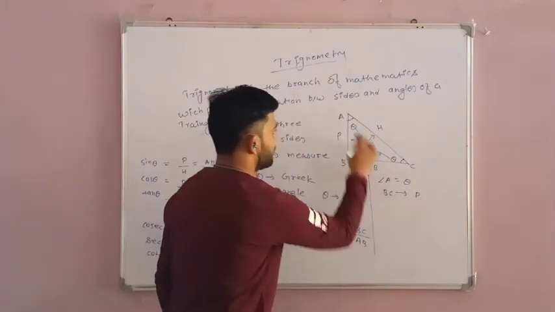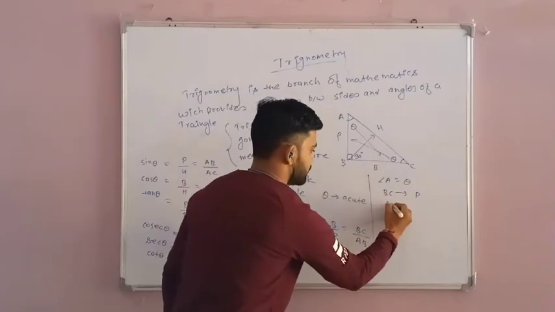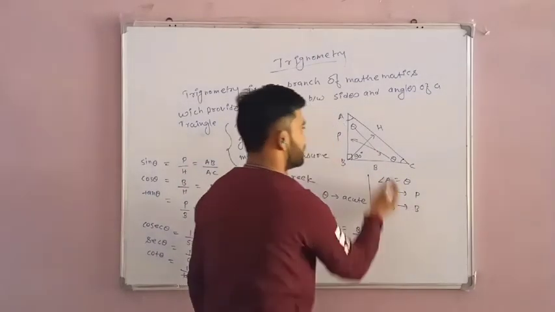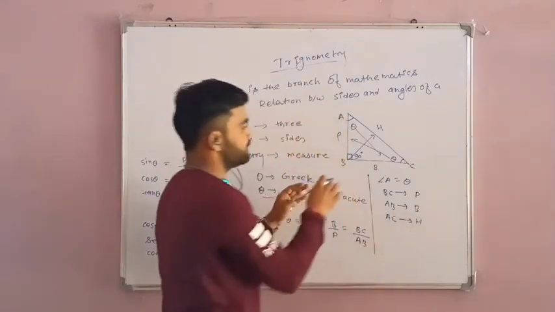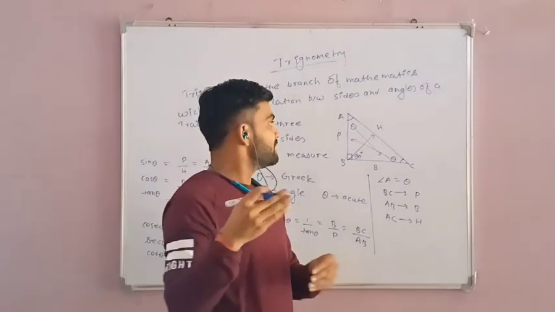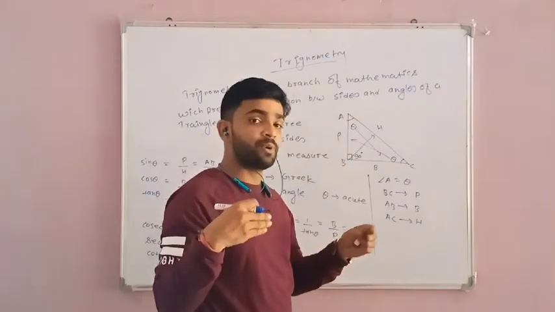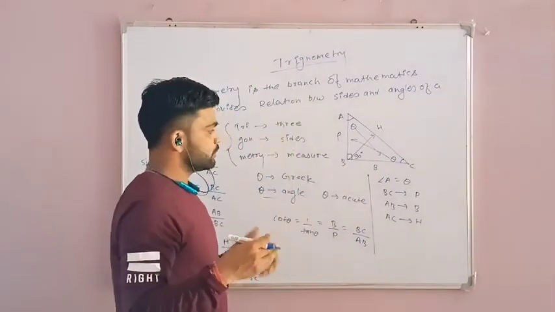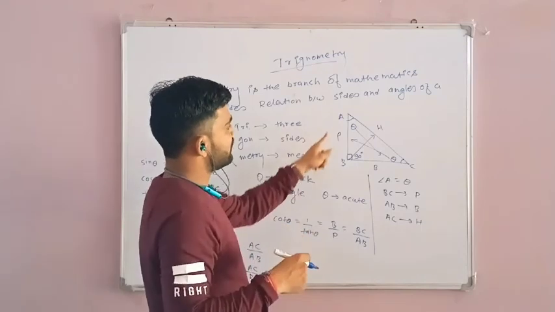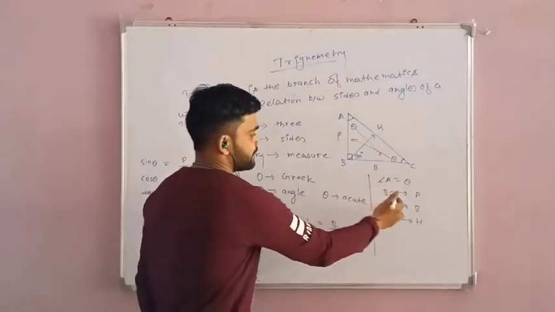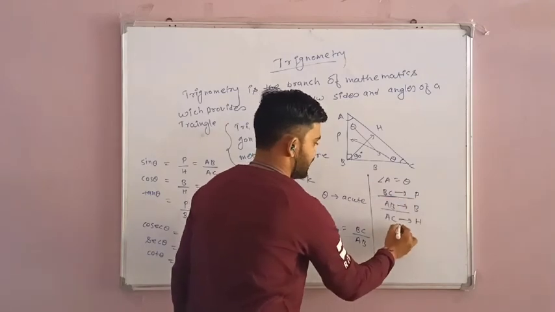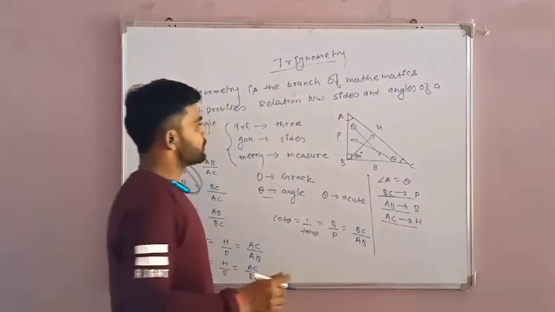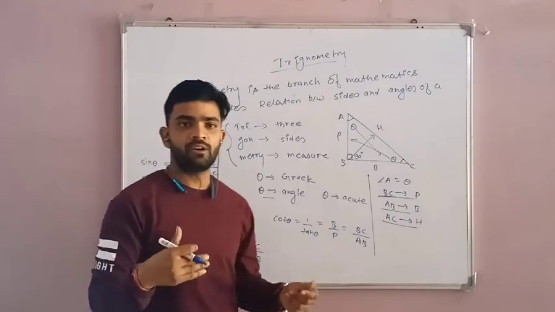BC is perpendicular and AB is base, and hypotenuse is AC. So in this way, ratios change when we change the position of the angle. So this is all about the basics of trigonometry.